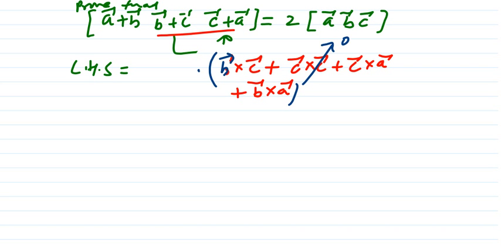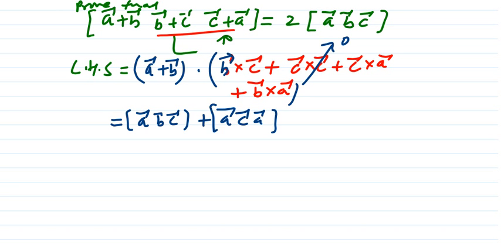Taking the dot product of A plus B with this one. So taking the dot product of A with this B cross C, that can be written as ABC. If we take the dot product of this A with the C cross A, that will be ACA.